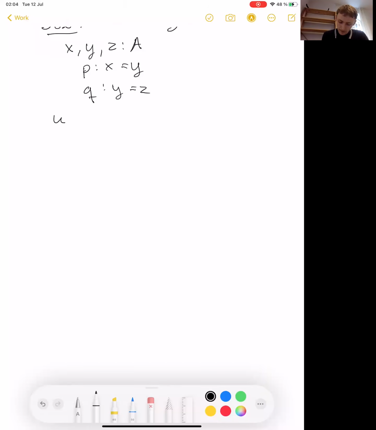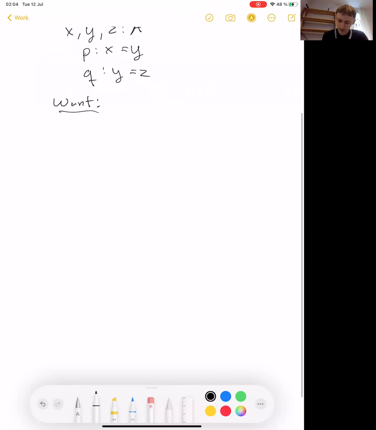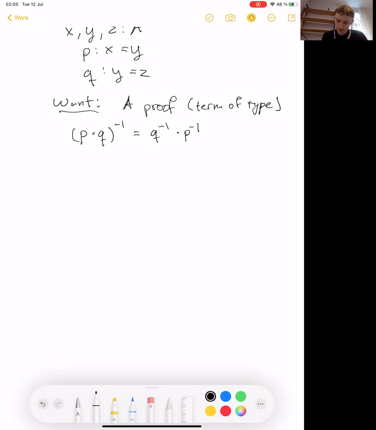And we want a proof, or a term of type, P composed with Q inverse equals Q inverse composed with P inverse, right?